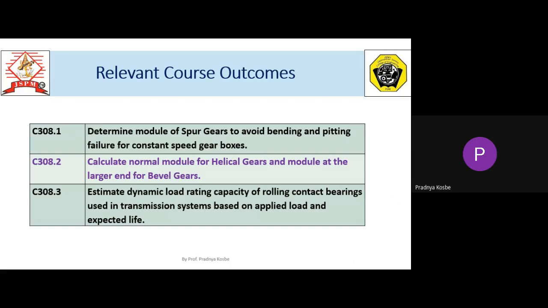Generally, spur gears are not used for a high speed reduction like 1400 rpm to 150 rpm. So for a high speed reduction, we are going to use a helical gear, that is in the first stage reduction, and in the second stage reduction, there will be a spur gear.